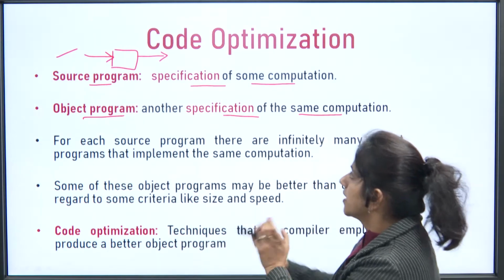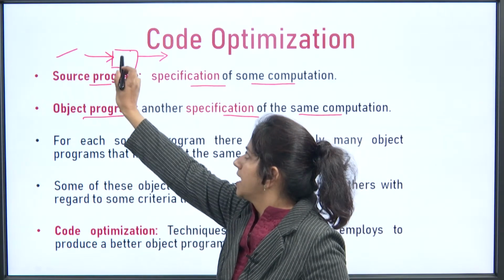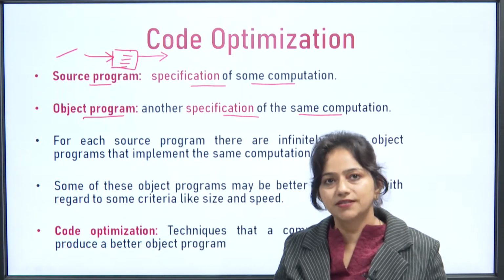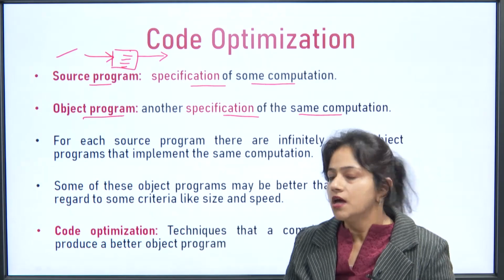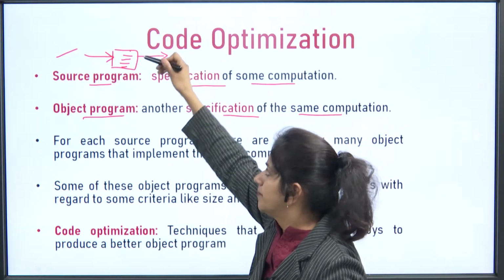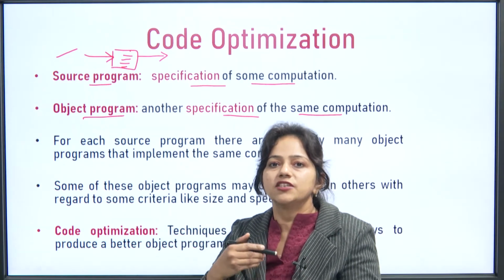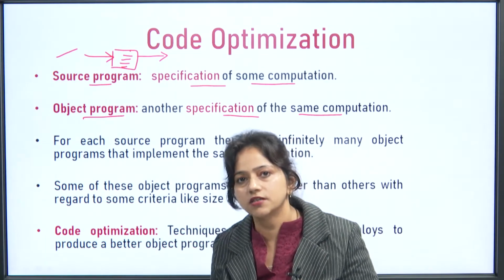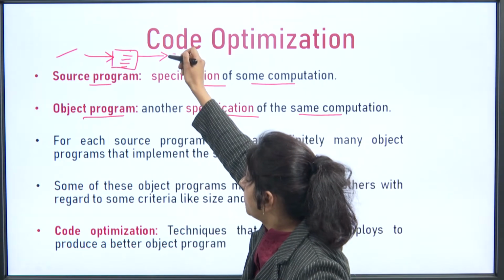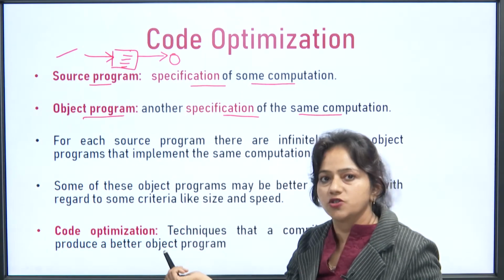If we are talking about the compiler, then we have many phases, and among all phases one phase is the code optimization phase. Here, some translations, some transformations and some improvement in the code will be done, and we will obtain the object code.